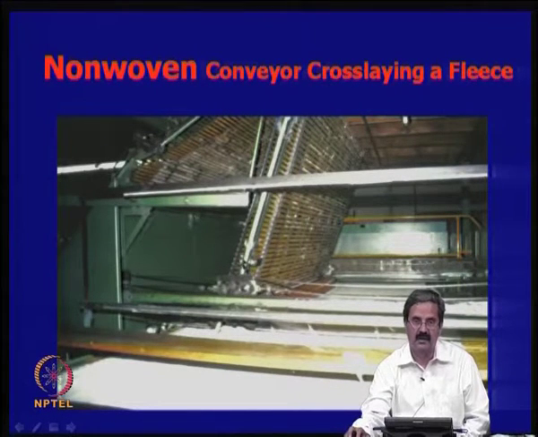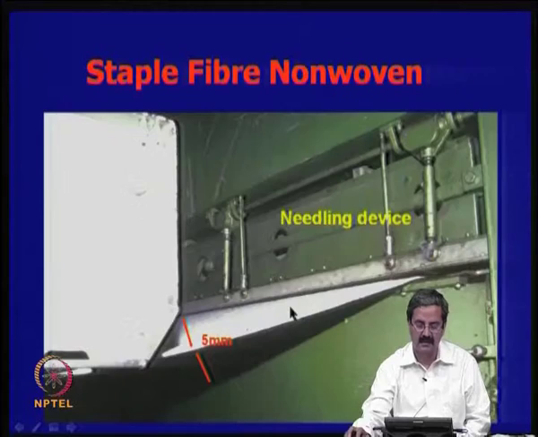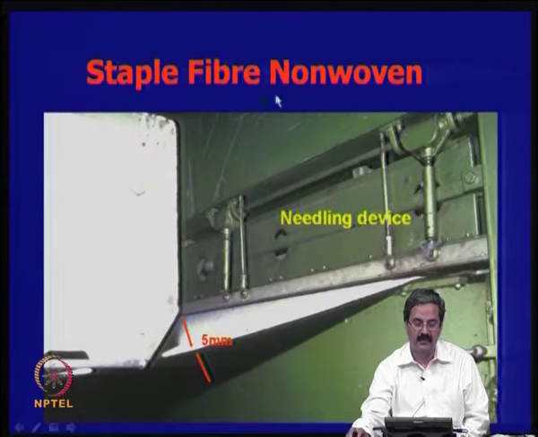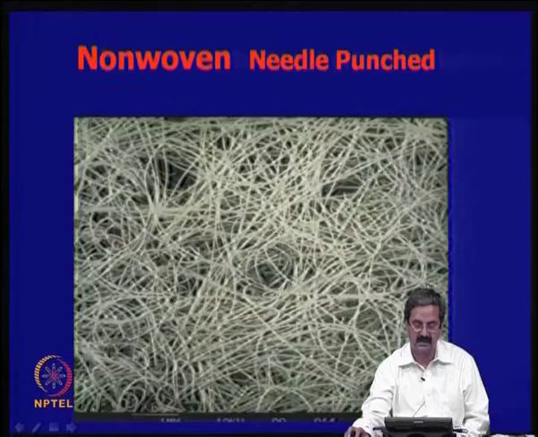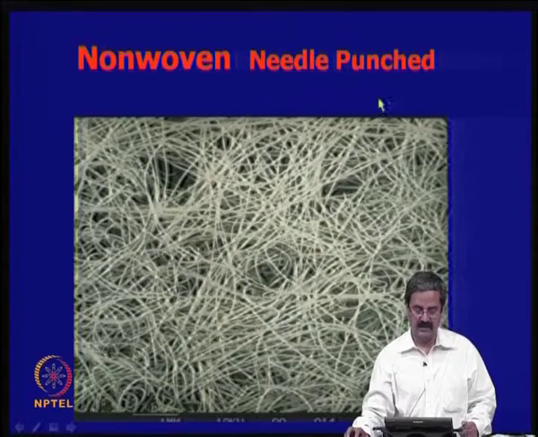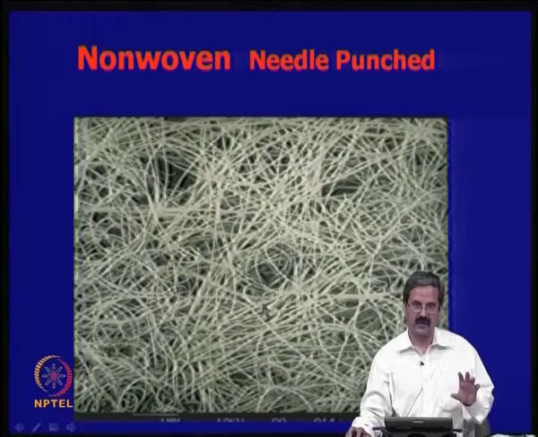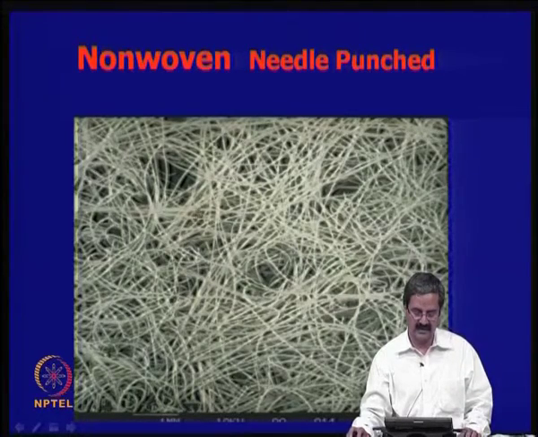Then there are a lot of conveyor belts, a lot of mechanical processing, and a needling device. This is the needling device. Needle punched nonwovens is another technique that we use, and you have to examine it very closely, at a micro level, to see things like this.